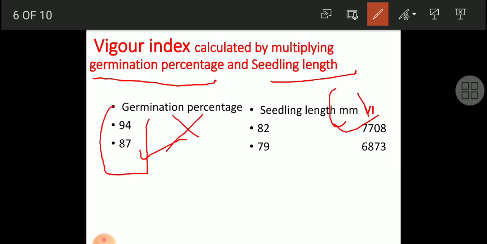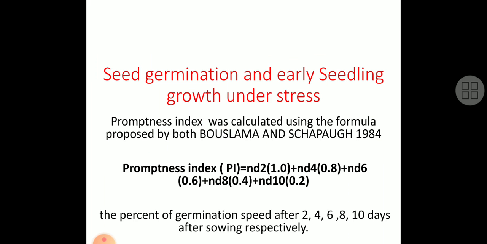With 87 germination percentage and 79 mm seedling length, the multiplication is 6873. So vigor index can be calculated by multiplying germination percentage and seedling length in mm.